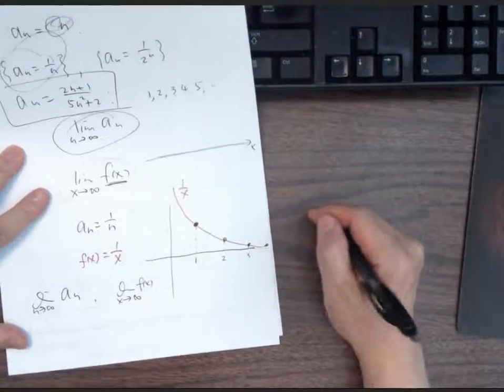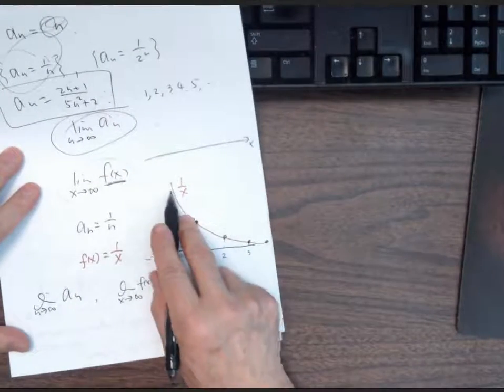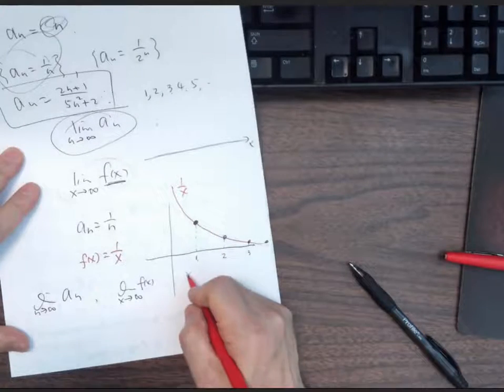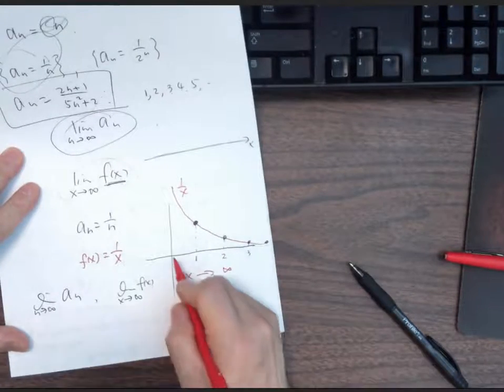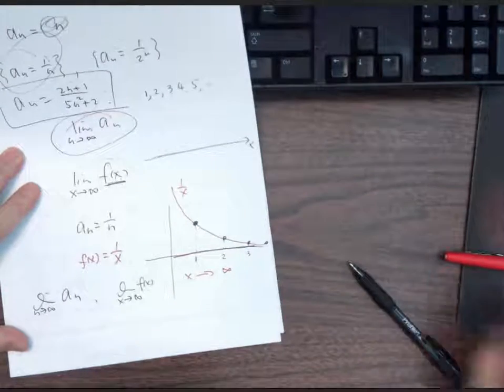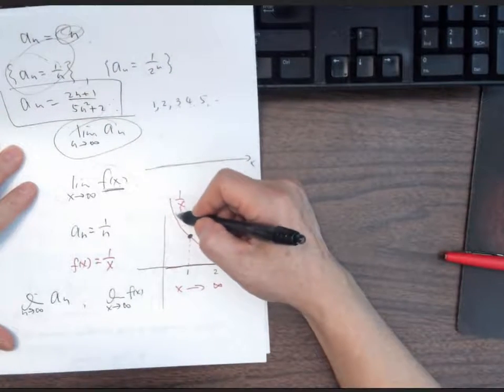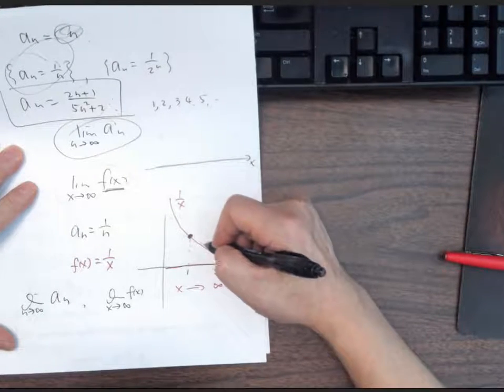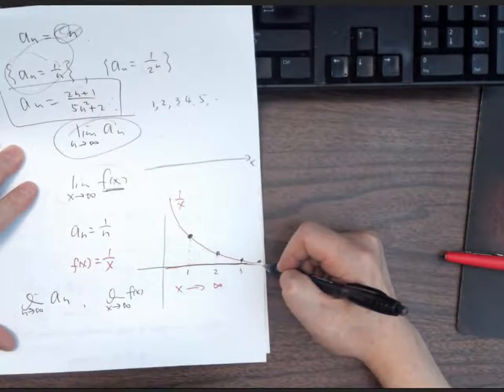So let's check out the limit. Along the graph, as x approaches infinity, the function value along the curve approaches 0.